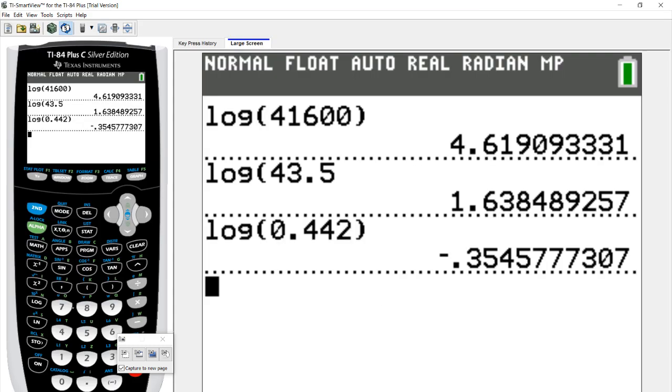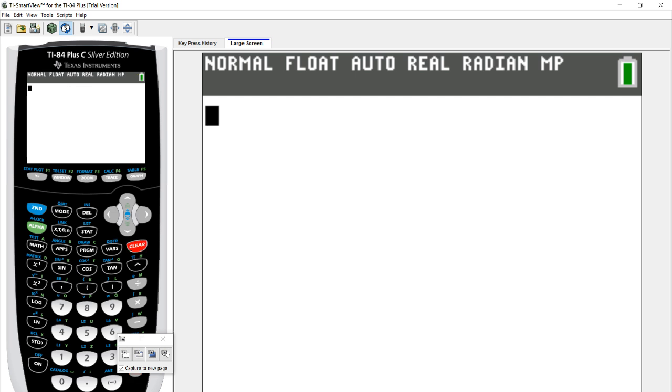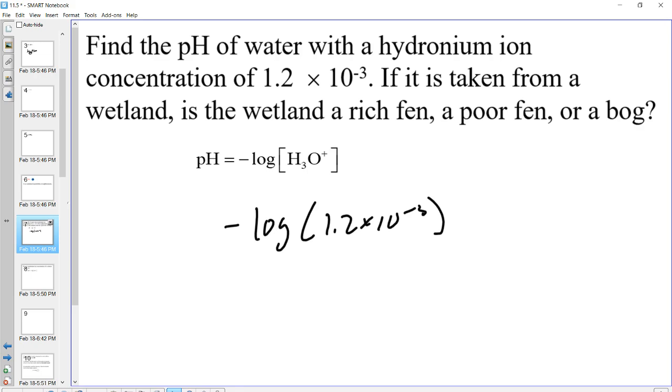So I'm going to clear this up. Let's minimize this. Negative, don't use the minus. We've got negative log, parenthesis, 1.2 times 10 to the negative third.